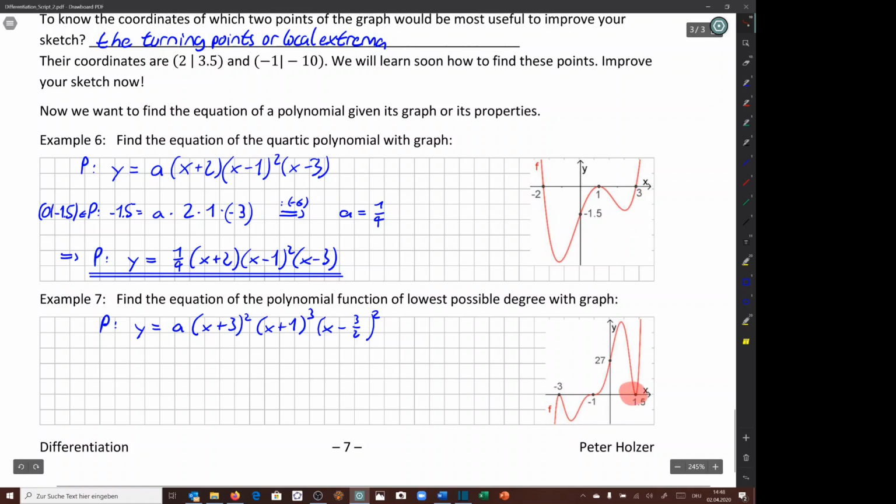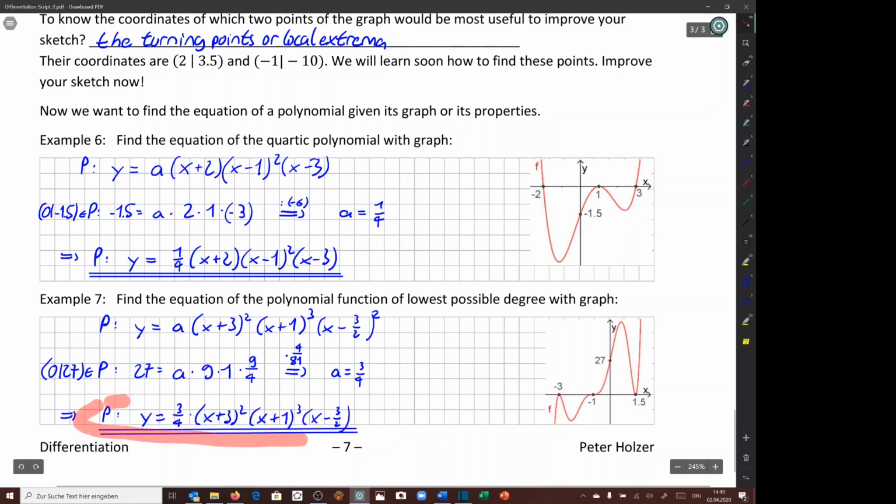And here at 1.5 or 3/2, the graph touches the x-axis, so we get x minus 3/2 squared. Next, we insert the given point, the y-intercept 0, 27, into this equation. We find this equation here, and then we can just solve it by multiplying with 4 divided by 81 to find a is 3/4, and we get the final equation for our polynomial function.